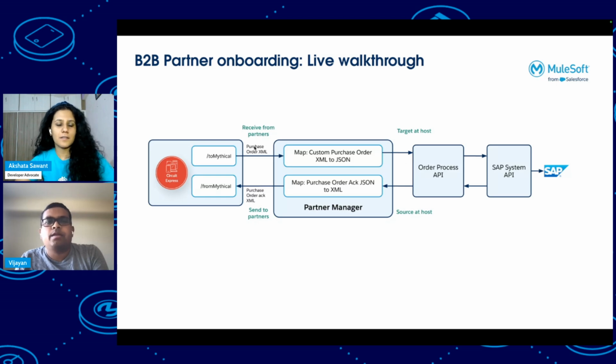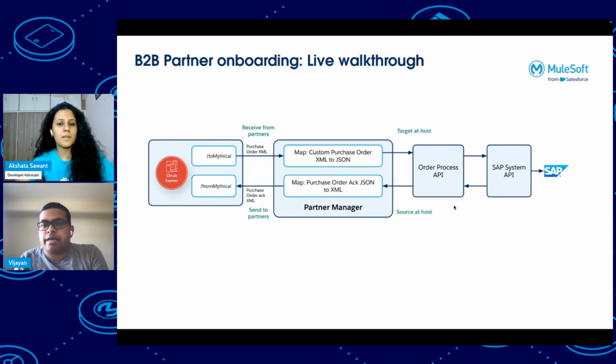Basically, what is coming from external partners into Partner Manager is called a receive from partners message type or endpoint. And when it goes through an inbound translation and is handed off to a backend process as an inbound transaction, it is called targeted host.